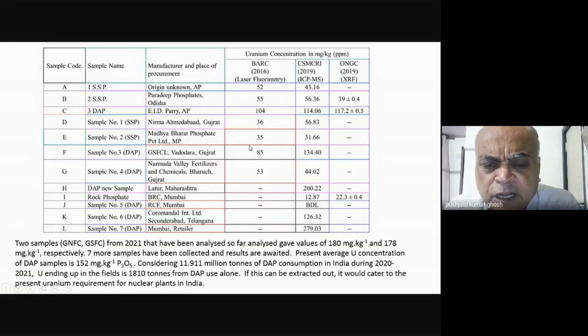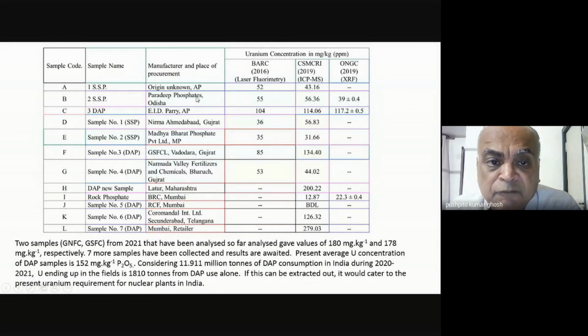You have seen that the rock phosphate has a lot of uranium. So I had asked BARC whether they can analyze for uranium in the fertilizers. This is around 2016, so we provided them some fertilizer. Some of them show less because single superphosphate has a lower amount of P2O5, and the uranium is coming from the rock phosphate, so it will be proportional to the amount of P2O5 in your fertilizer.